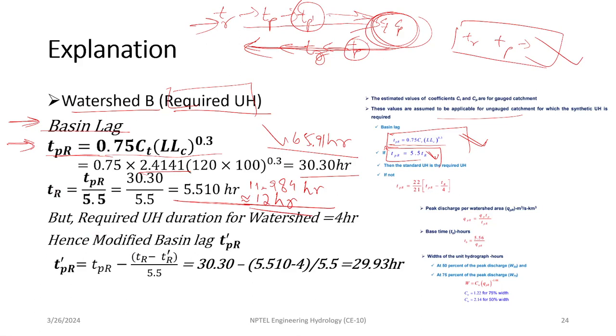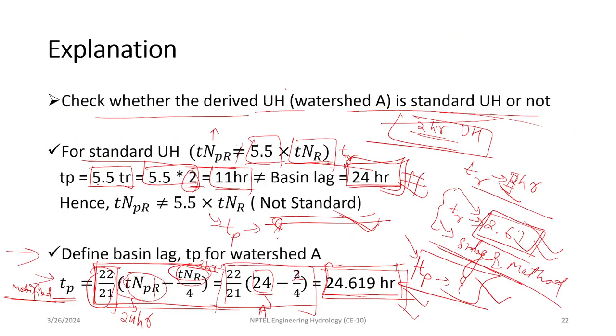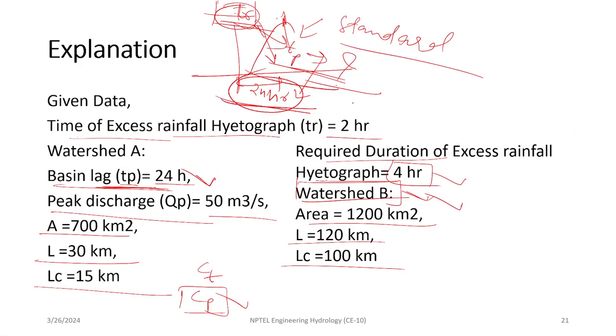We got the TR value as 12 hours, but what was our target? What was provided in the earlier question? For this watershed B, we need a unit hydrograph for a duration of 4 hours. So we are getting 12 hours, but we still need 4 hours.